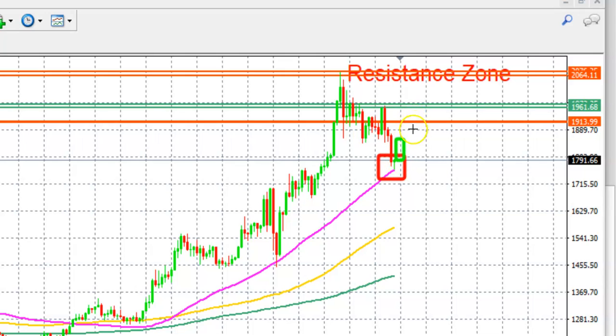And then perhaps we could see a follow up as well into this particular area and then further move from here. But of course, nothing is confirmed yet until and unless we break above this particular area, because that is the area of concern.